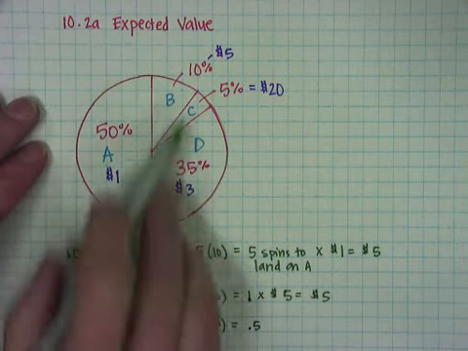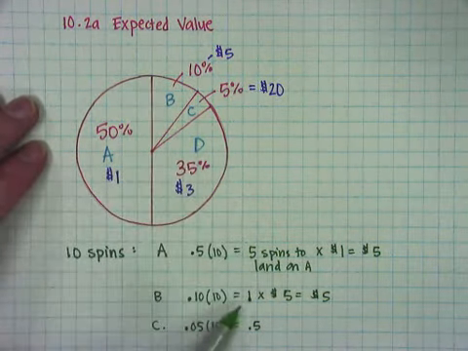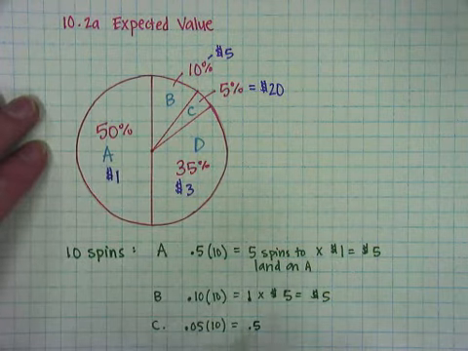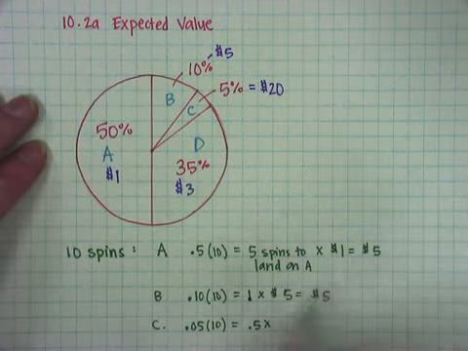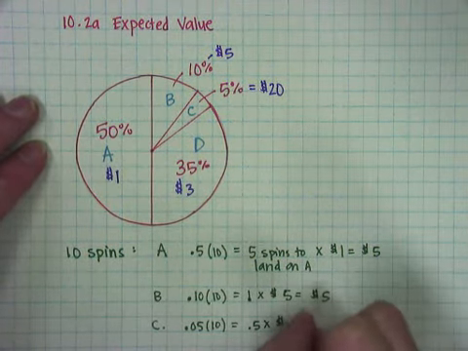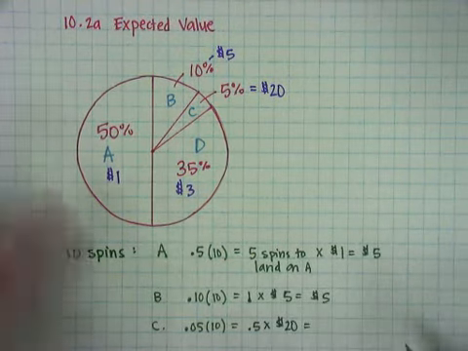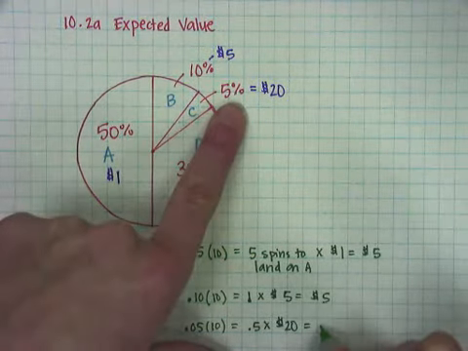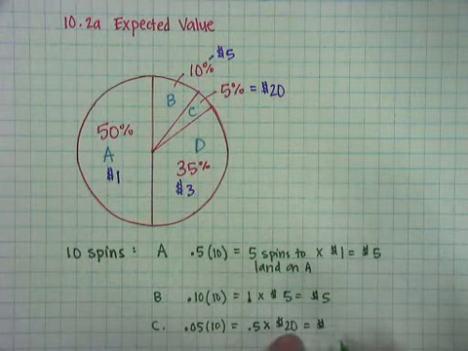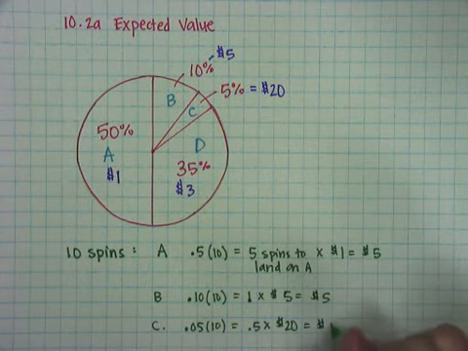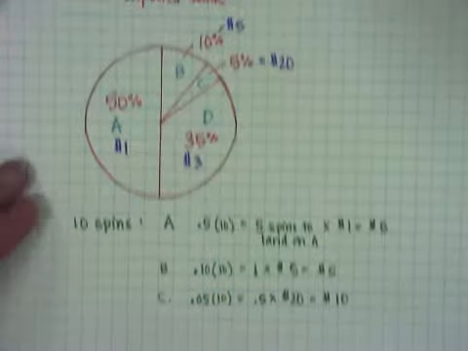And that makes sense, right? Because half of 10% is 5%, so it's half of the number of spins. But if it were to land on region C, then I would make $20. So even though C is less likely, the payout is high enough that the expected value, half of 20, is $10.